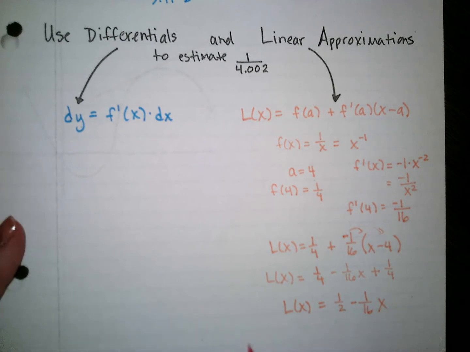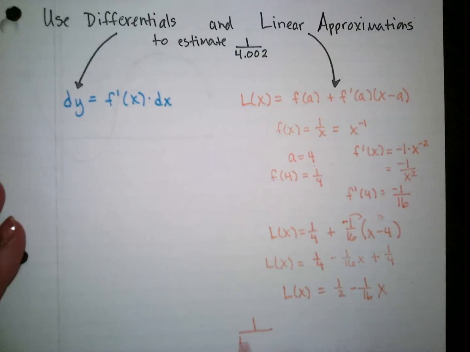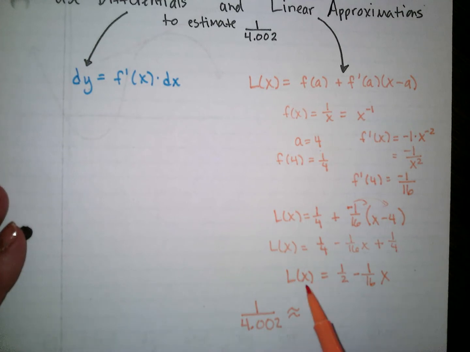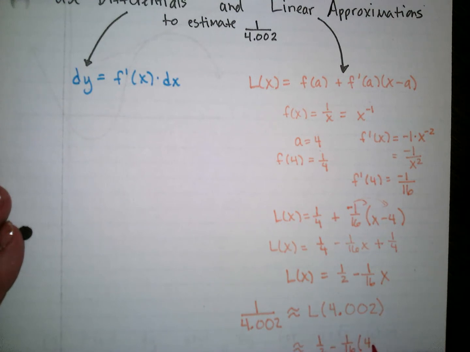If we wanted to approximate 1 over 4.002, then what we would do would be to take our model and plug in 4.002. So that would be 1/2 minus 1/16 times 4.002.